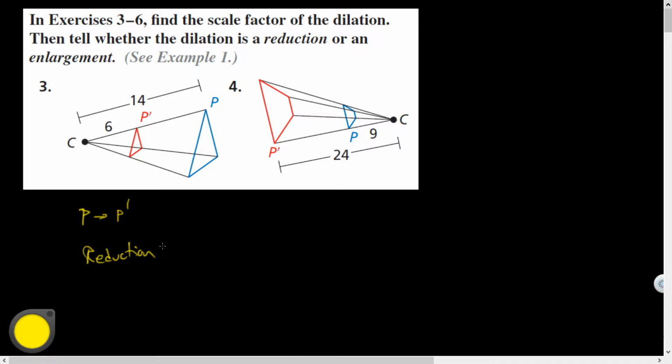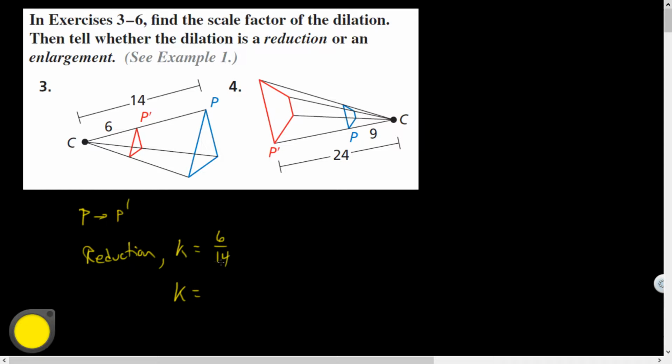And to figure out the scale factor K, what would I do, guys? It's all about the P prime compared to the P, right? So it's 6/14. And that makes sense because if it's a reduction, this should be a number that is less than 1 and bigger than 0.